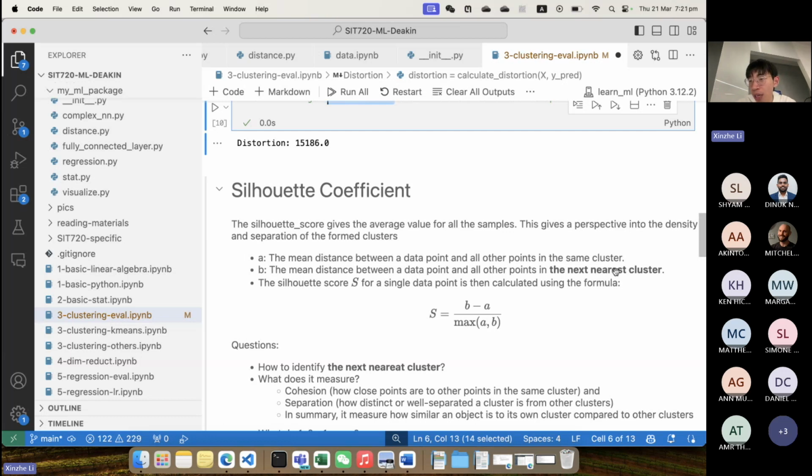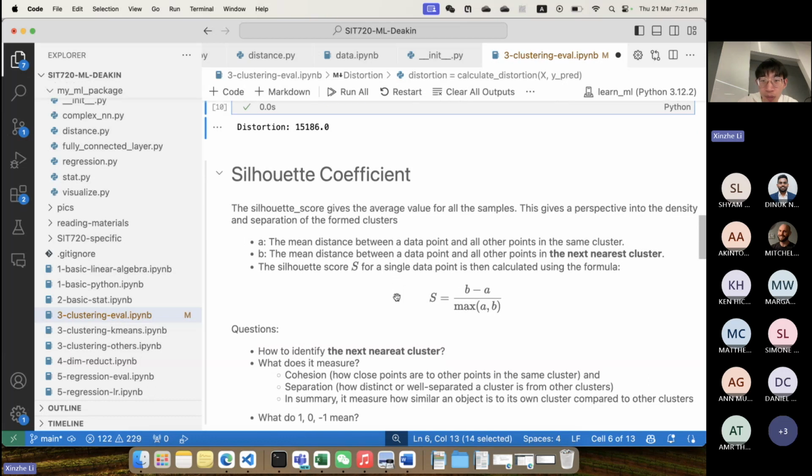So that's why we care about nearest cluster, because we care about is it possible, is it reasonable to put it into another cluster? So if you choose a very far away cluster, of course it doesn't make sense. So that's why we choose a nearest cluster.